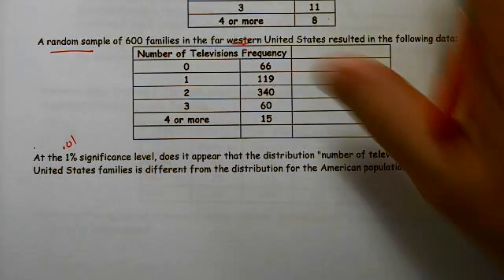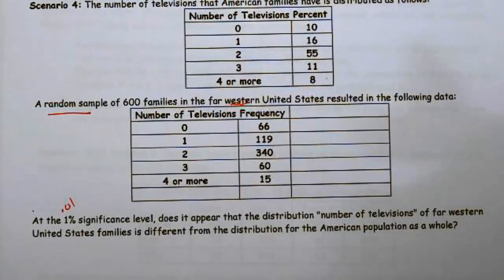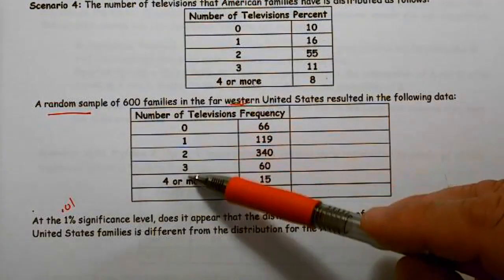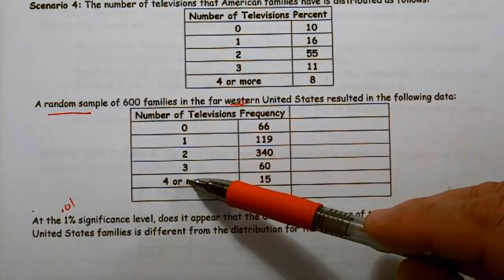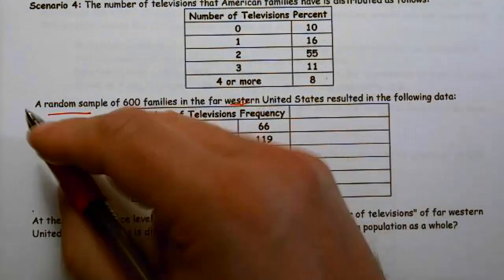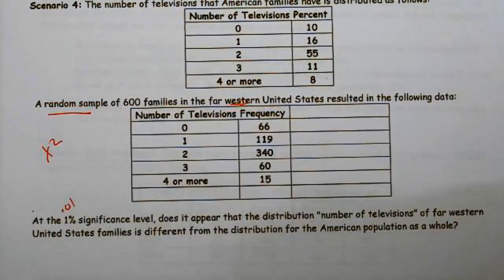population as a whole? Well, first off, when I look at this, we have multiple categories, and because I have multiple categories, this is going to be some sort of chi-squared. And I notice that I really only have one variable, so this makes it a chi-squared goodness of fit.